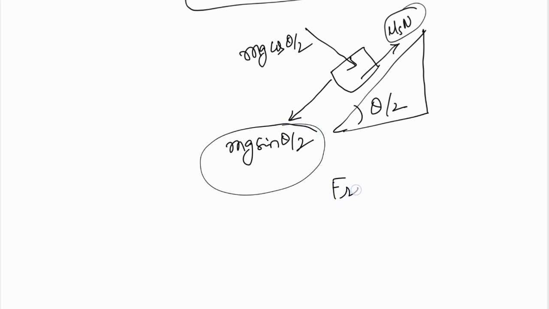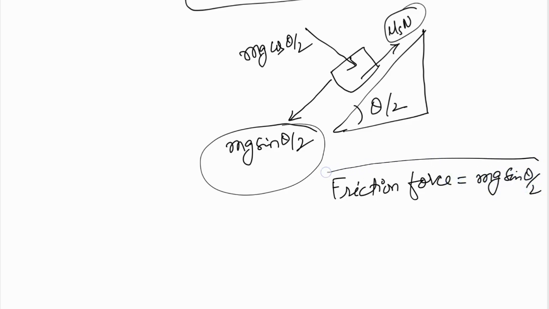So we can directly write friction equals mg sin theta by 2, and this will be the answer.